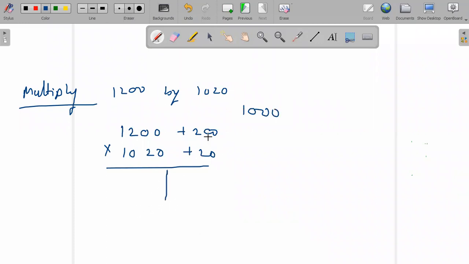What is the answer here? 444, carry 4. 4,000. I have to write down 000 here and the carry will be 4. Then add these two: 1220, and you have to add 4 to that. So 1, 2, 2, 4, that is 1224000.